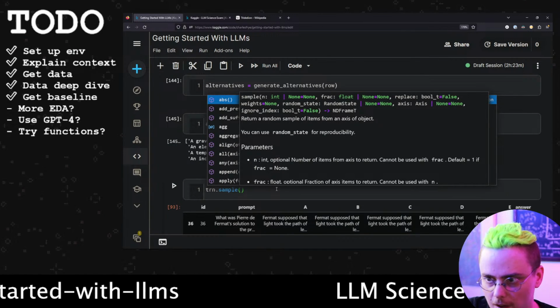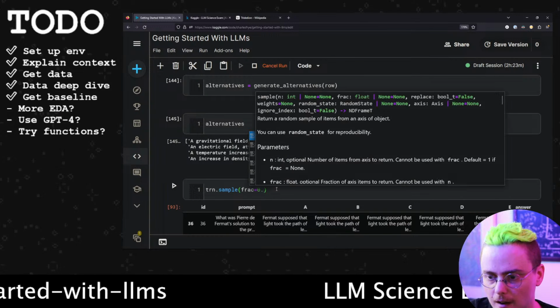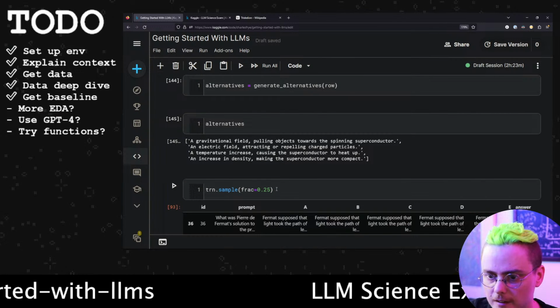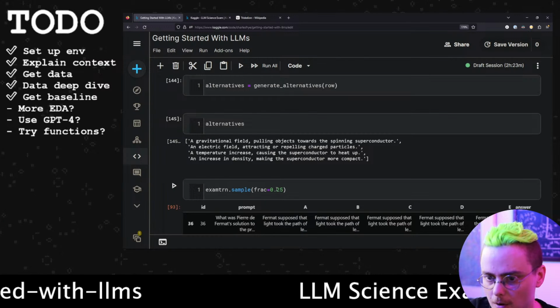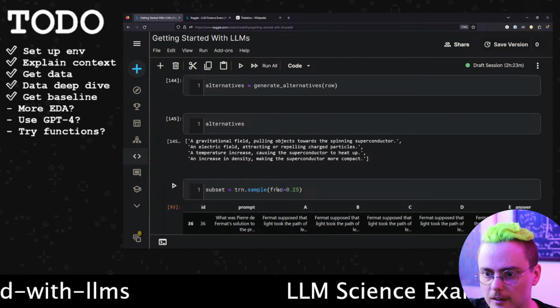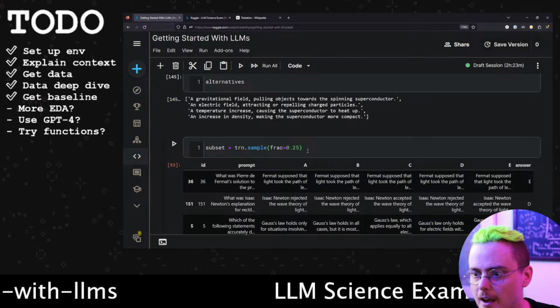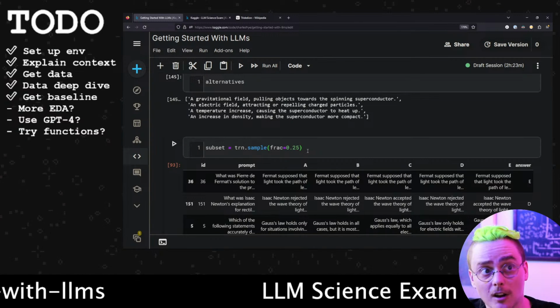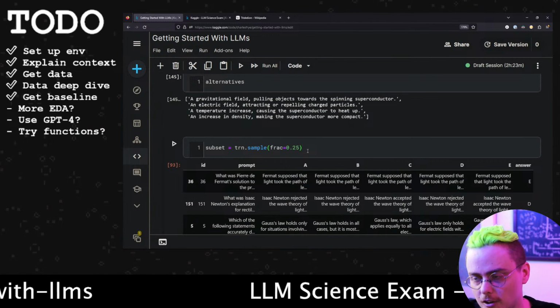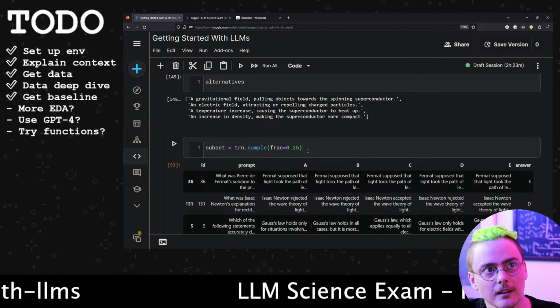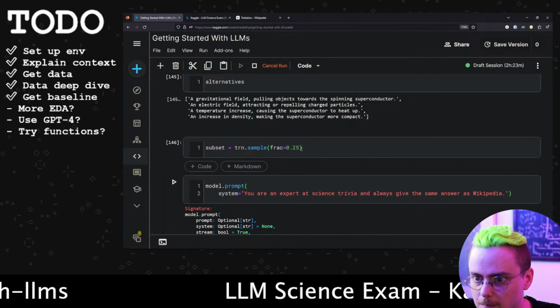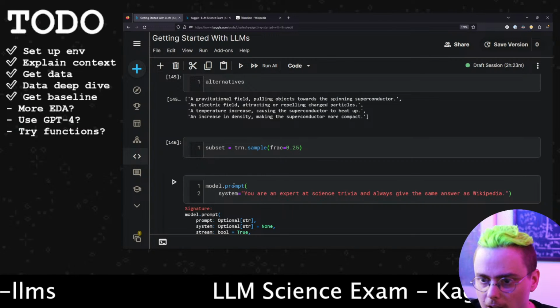All right, so now let's run that on a subsample. Let's grab a quarter of the examples, so we don't want to do all of these. So subset train dot sample. And now I don't care about being able to check whether the answer is correct anymore, because I just want to check whether we're generating things that are similar to the wrong answers, or the answer types.